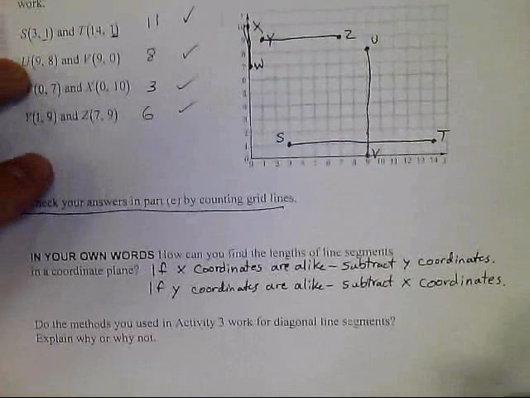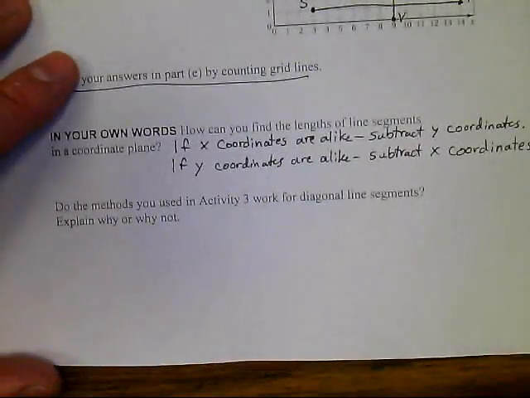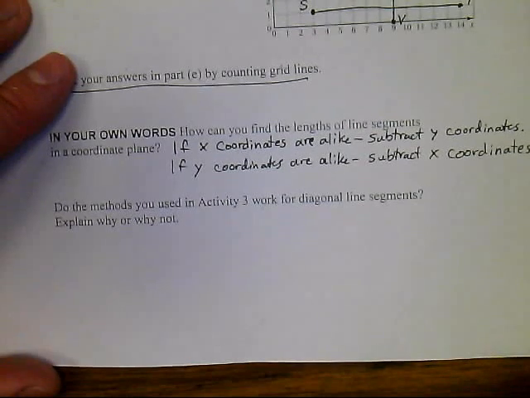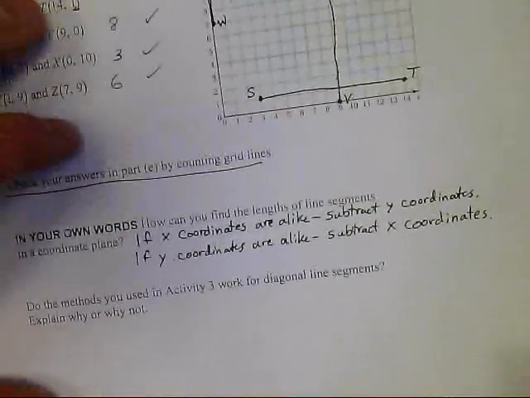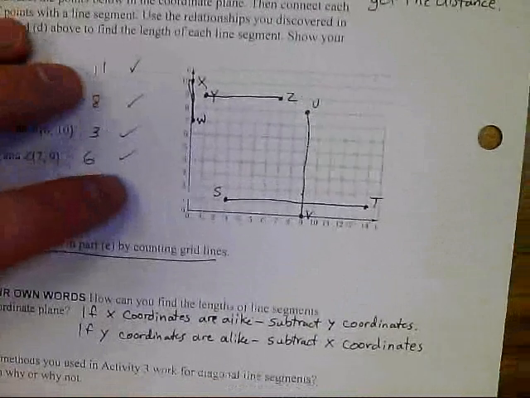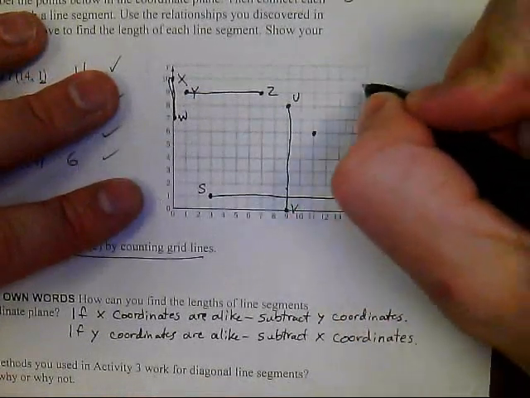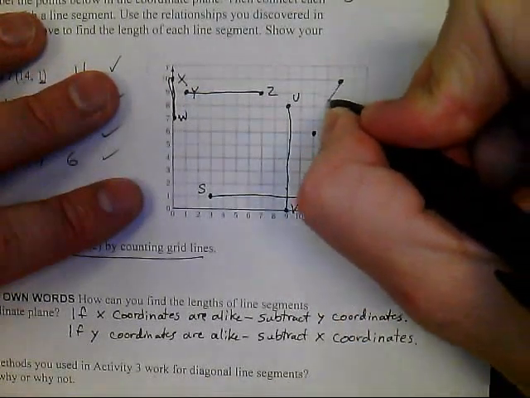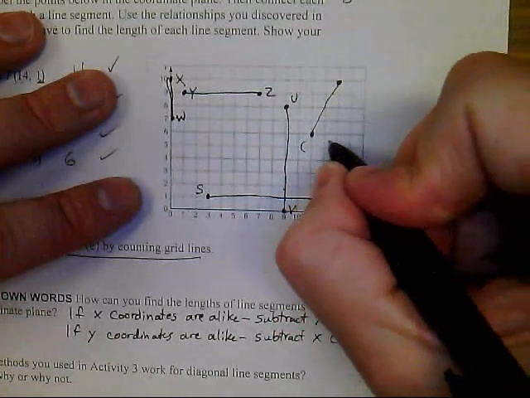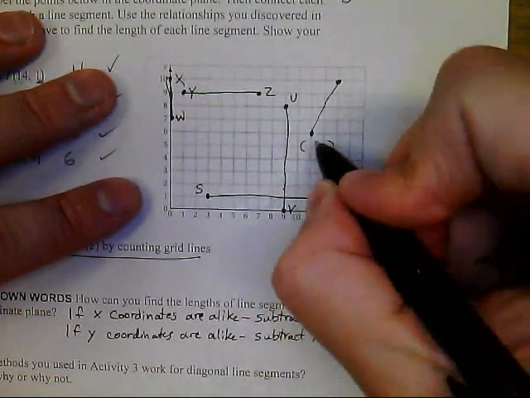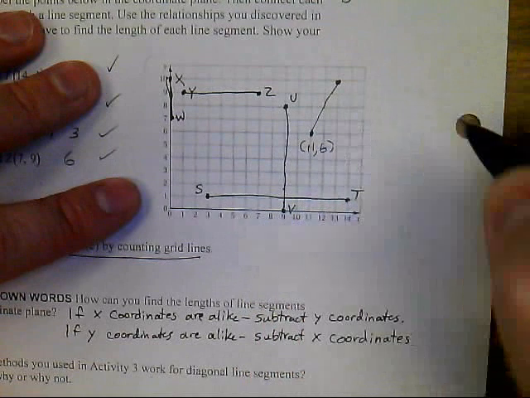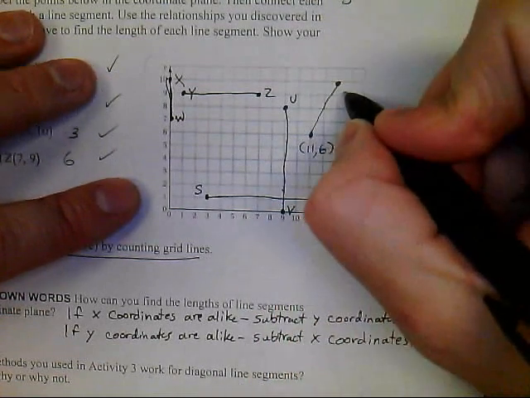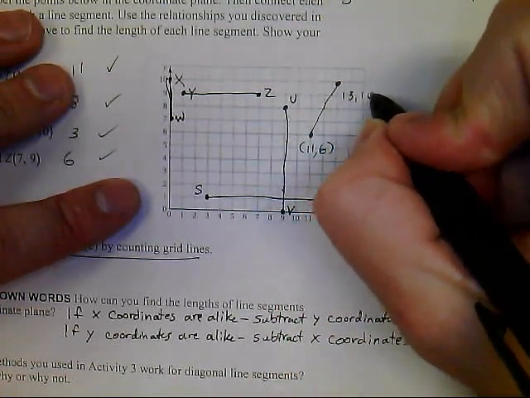The only thing we're left with is, do the methods you used in Activity 3 work for diagonal line segments? Guys, the answer is no, they don't. And the reason is, if I've got a diagonal line segment, like for example this one, look at my coordinates. This would be 11, 6, and this one would be 13, 10.